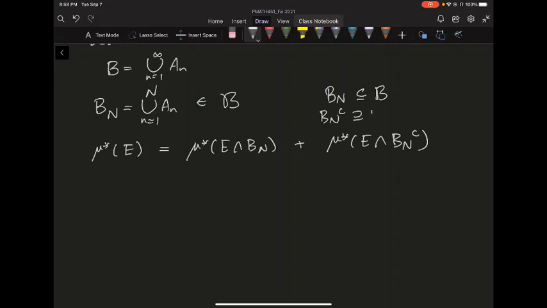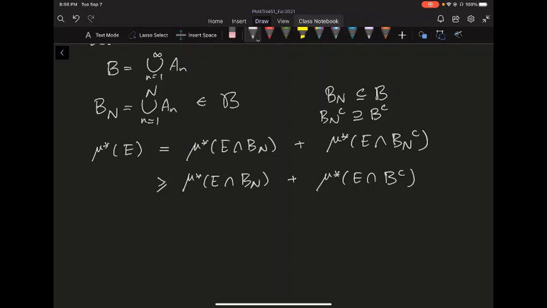It contains the complement of B. And because mu star is monotone, when you replace something bigger by something smaller, you will get a decrease. So let's copy the first term here. I didn't change anything for the first one, but the second one, I can replace it by the smaller set B complement, and I get a smaller value in terms of mu star.